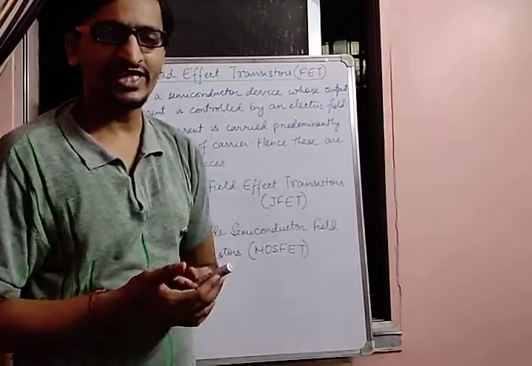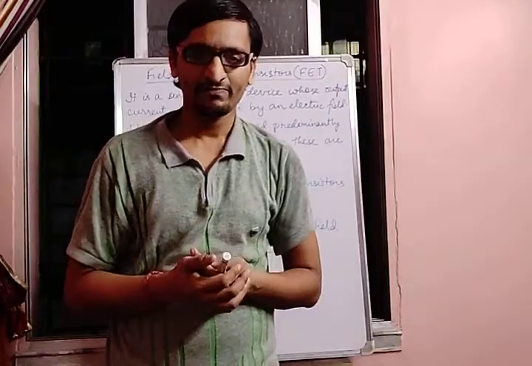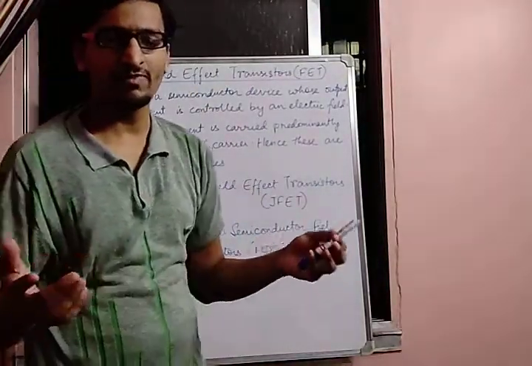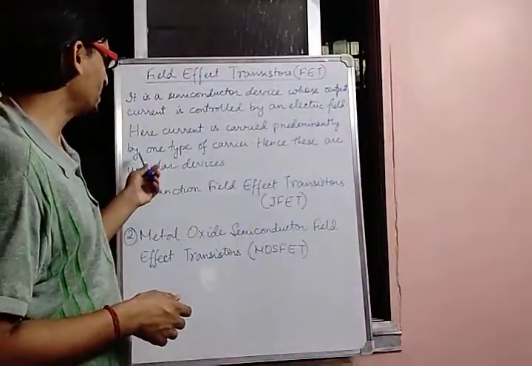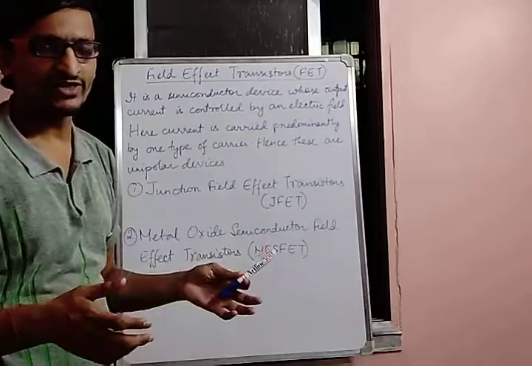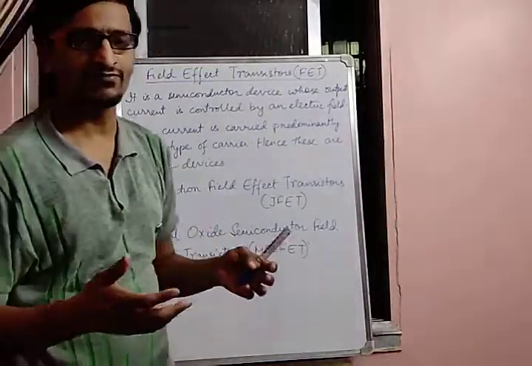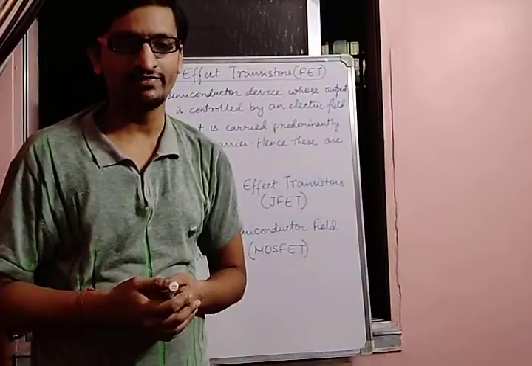Also, in a BJT, both the carriers contribute towards the flow of the current. But in a field effect transistor, only one carrier, the majority carrier, predominantly dominates the flow of the current. Only one type of carrier contributes to the current flow. That means field effect transistors are unipolar devices.